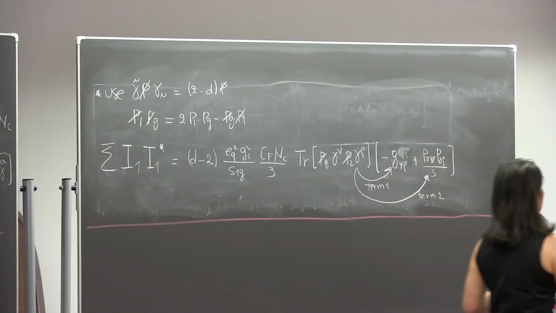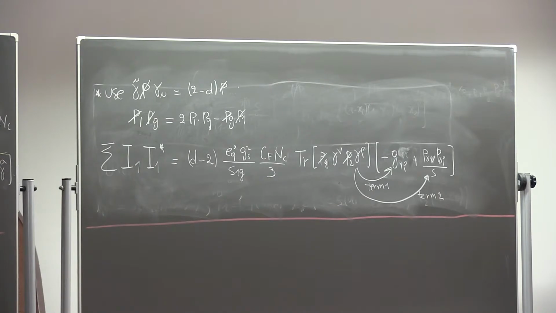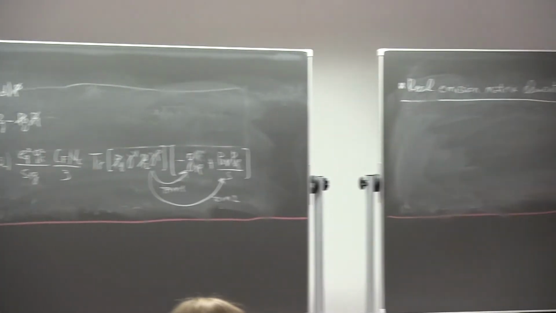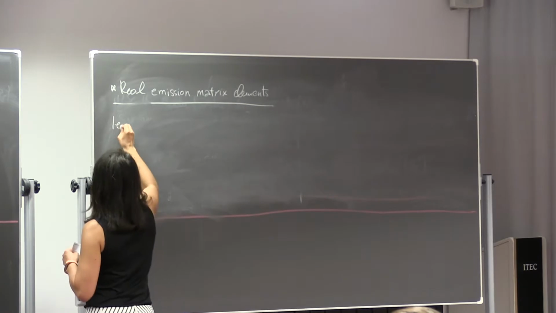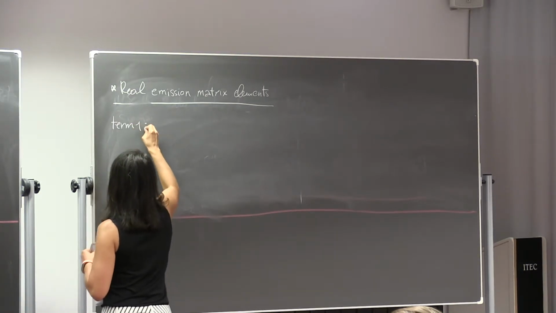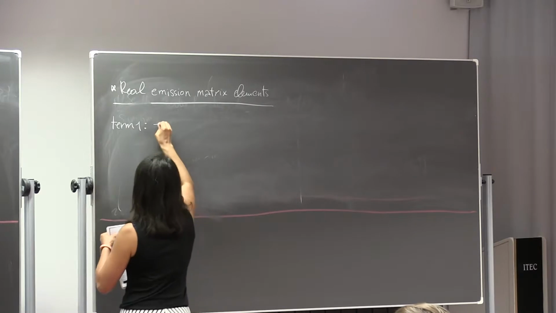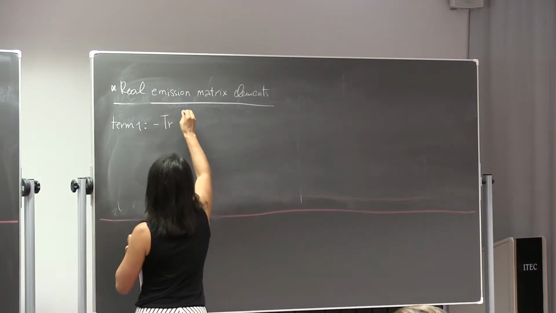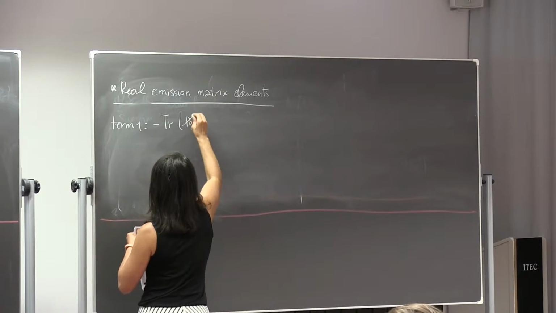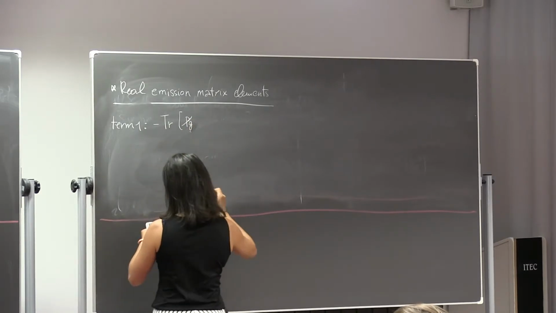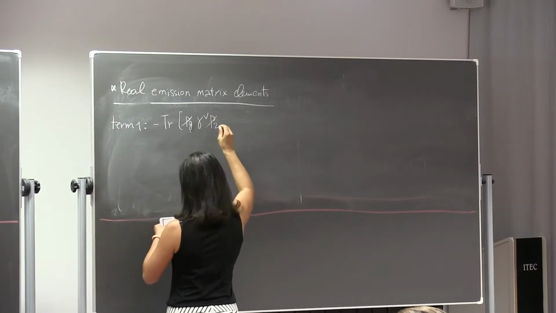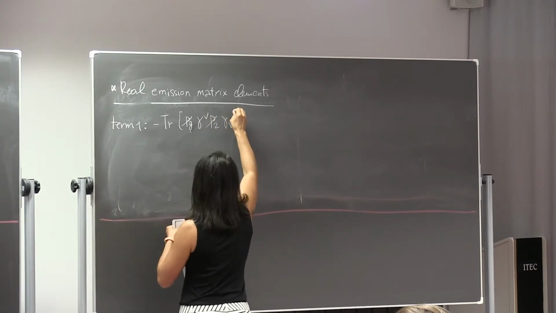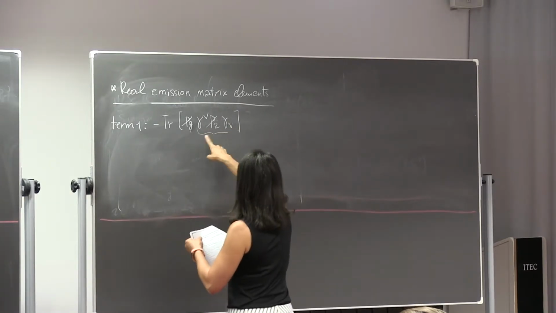And I calculate them here. Term 1 is just minus the trace of PG slash gamma nu P2 slash gamma nu. And by now you know what to do with this term here.